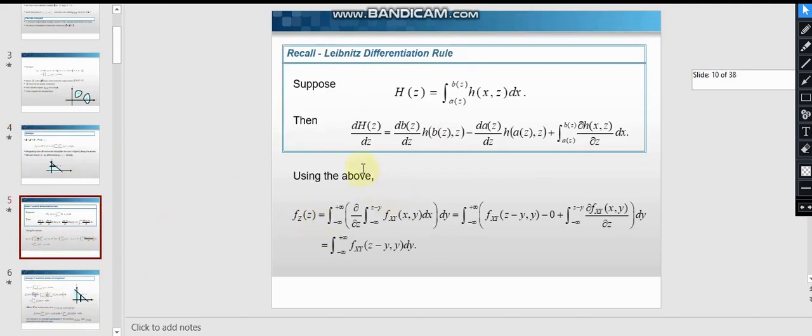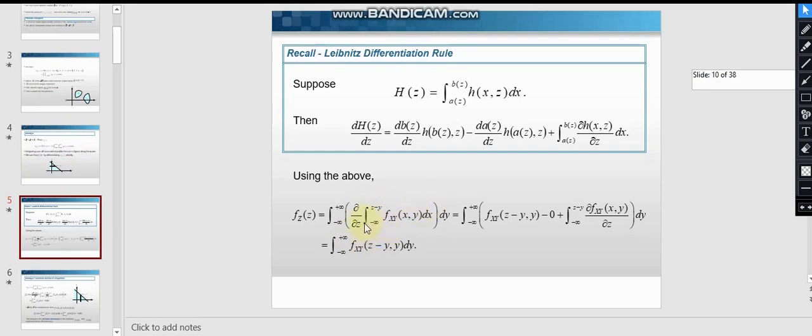So by applying the Leibniz theorem, the first term here, which is a constant, is y minus z. So by differentiating the upper limit with respect to z, this would be equal to 1. So I will multiply with this function.